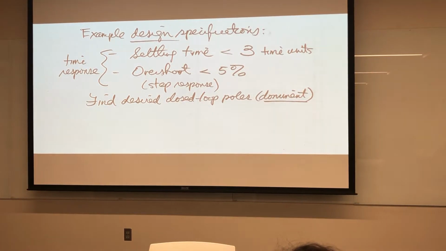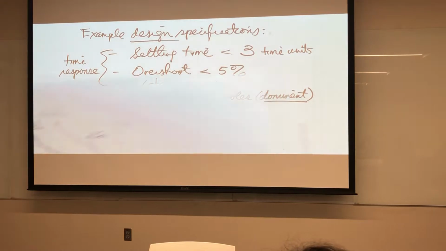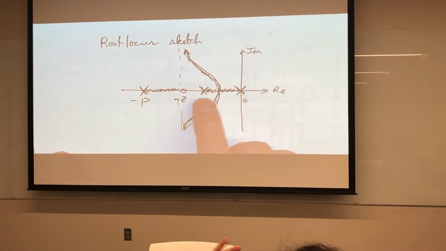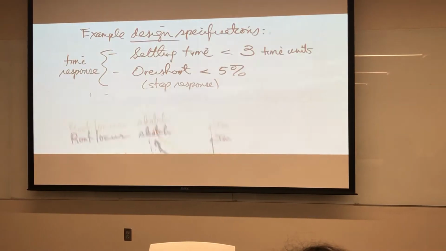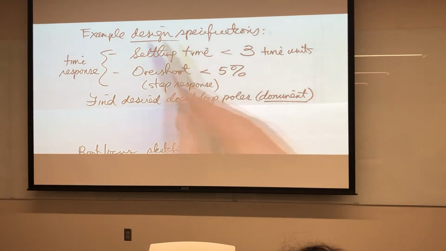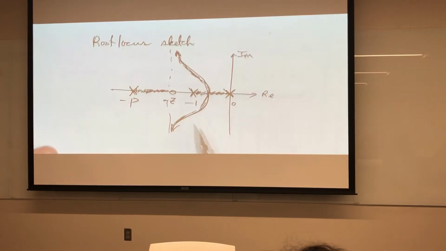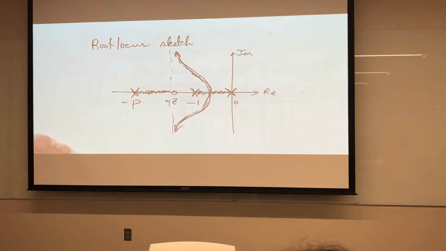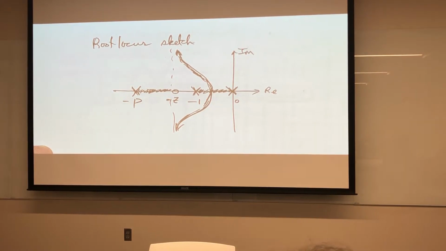Find the desired dominant poles. This control system has 3 poles, 1, 2, 3. But we're going to roughly approximate things by a second order because these are second order response characteristics. Our system is not second order, it's third order. So we can expect that our actual response won't be textbook because the textbook is for second order.